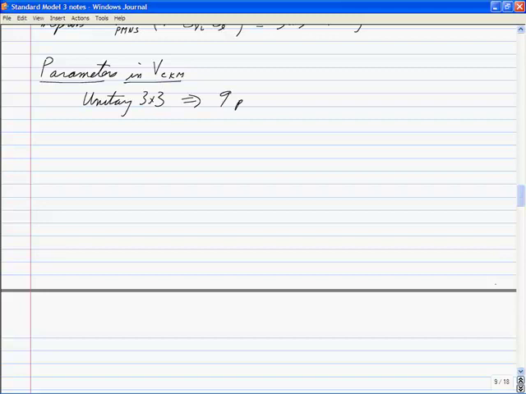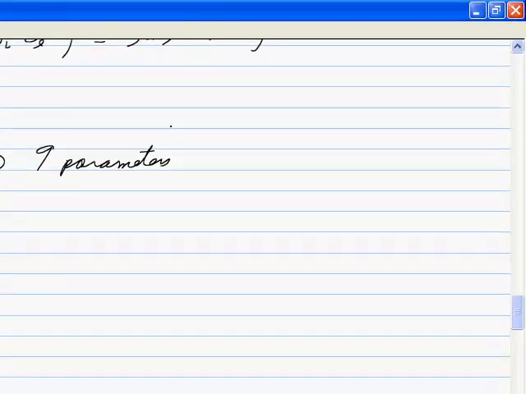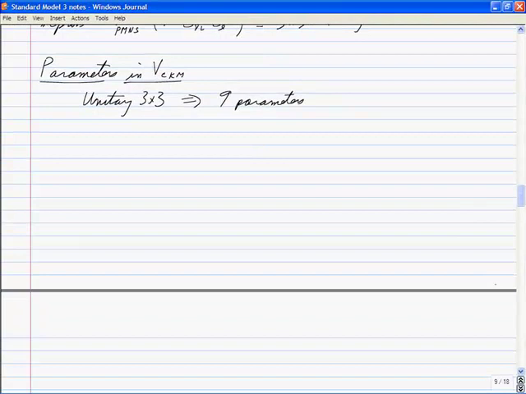That implies 9 parameters. But you can remove some of these. Some of these parameters are unphysical.